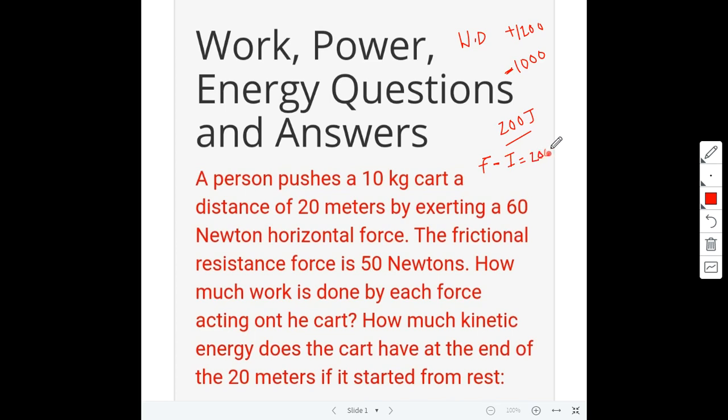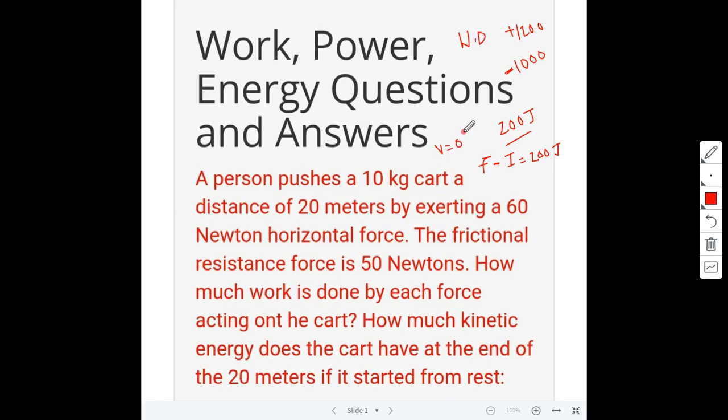Okay. Now you know that kinetic energy is half mv squared, but here it's written how much kinetic energy does the cart have at the end of the 20 meters if it started from rest. If it started from rest, that means your initial velocity is 0.